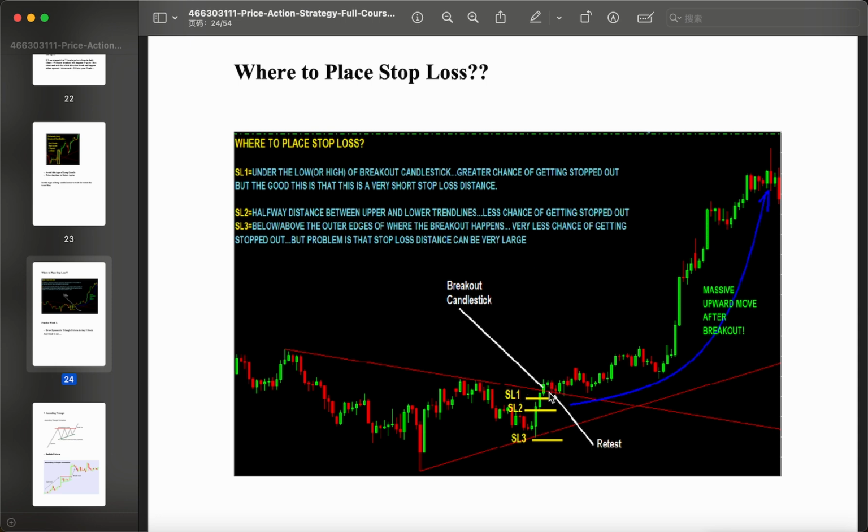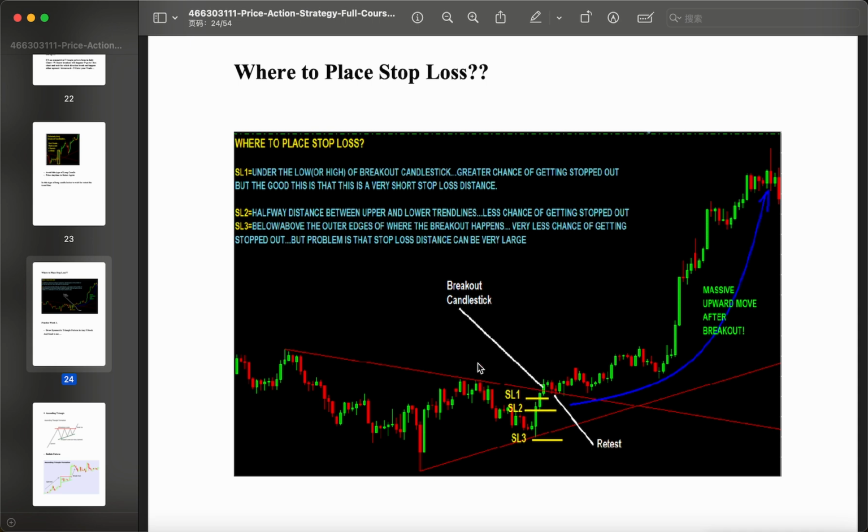So for stop loss number one, you see the yellow line right here. You have a smaller range of stop loss.